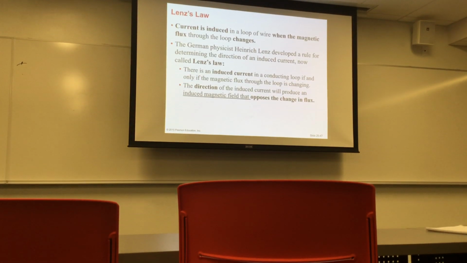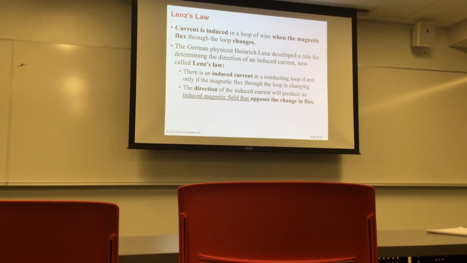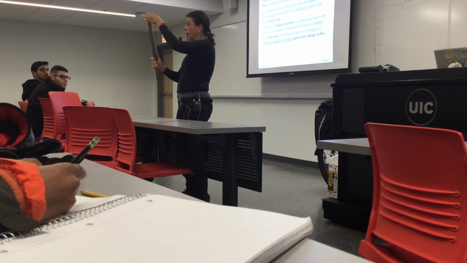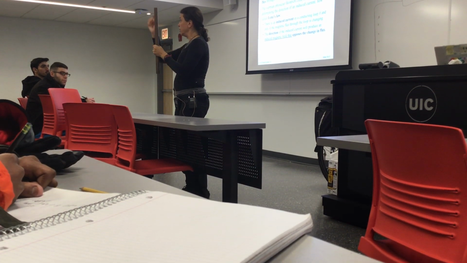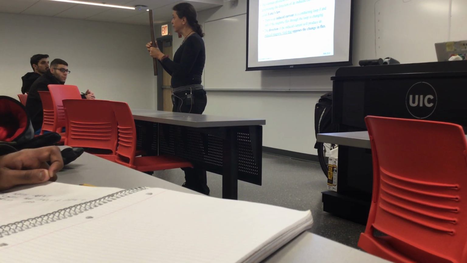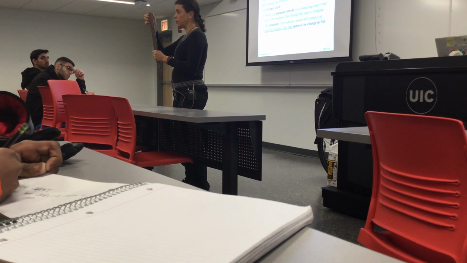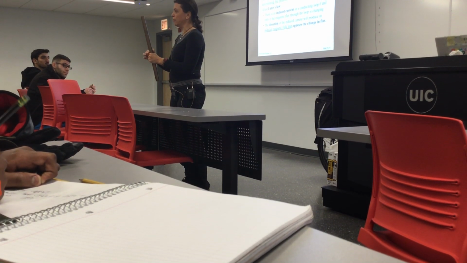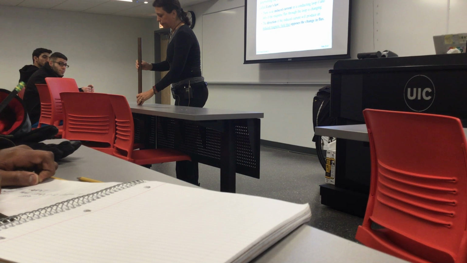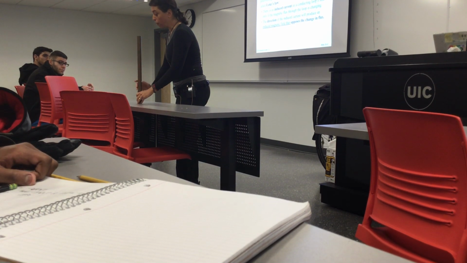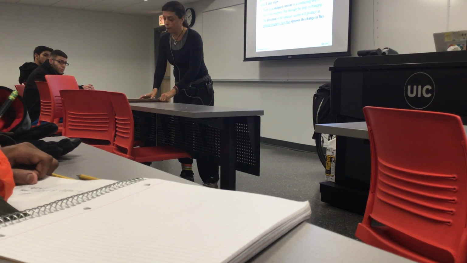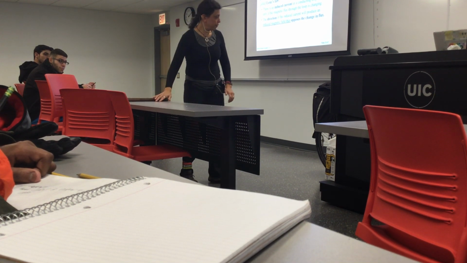So let's see, probably this is a good time for a demo. Think of a metallic tube like this as a continuum of a solenoid. Many little loops, right? This metal tube would be a continuum of coils.